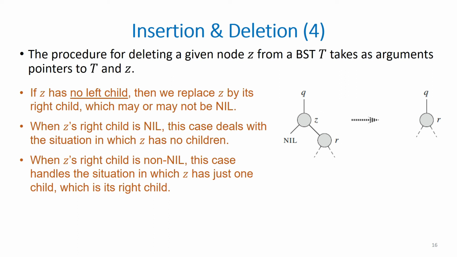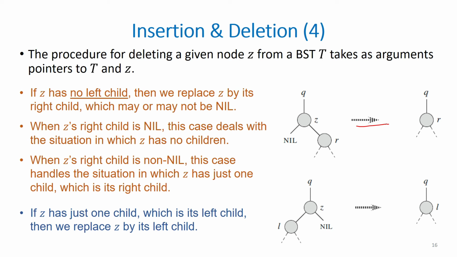Assume that Z has no right child. That means its right child is nil. In this case, we deal with the situation in which Z has no children and we can just remove it without making any changes. But if Z has a right child, then what we do is we replace Z with its right child, as shown in this figure over here.